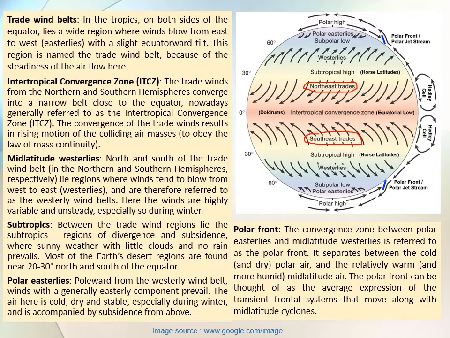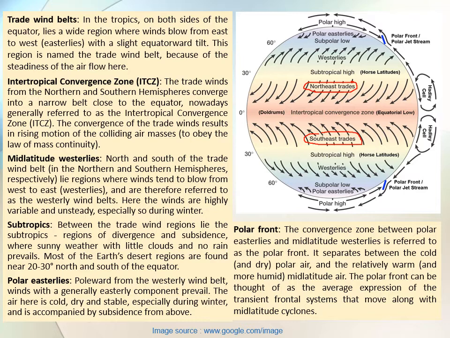Here, the movement of air, basically the superficial movement of air, occurs towards poleward. Now, these winds, while moving into higher latitudes, are deflected to the right in the northern hemisphere, and in the southern hemisphere deflected to the left.